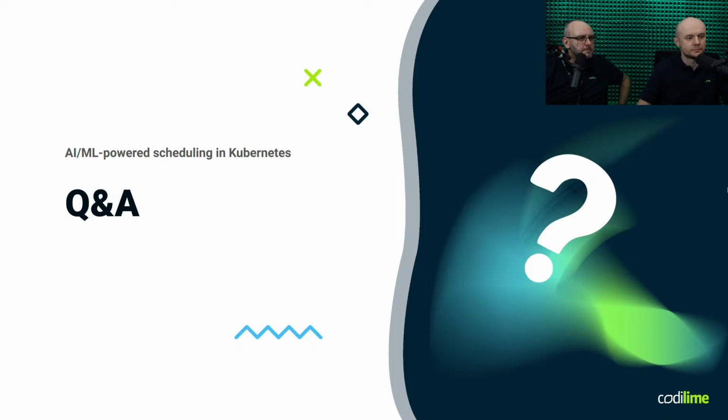Another question. How was the communication between a scheduler and your logic implemented? Well, this is a very simple answer, I guess, because we have implemented a REST API within our analytical components, especially within the node evaluator.